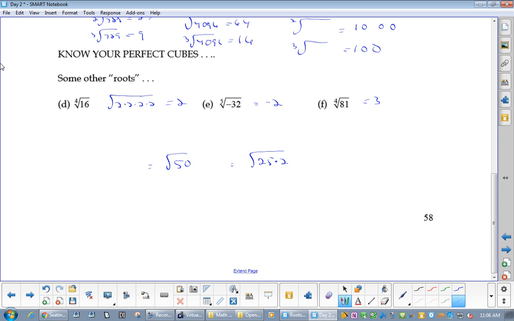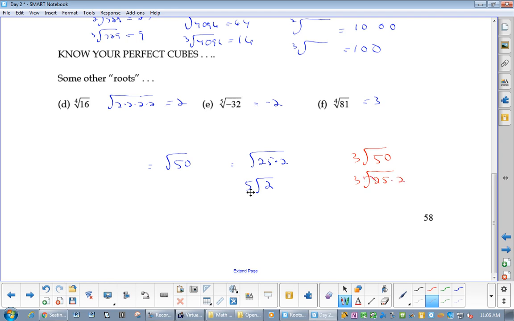Now, what's the square root of 25? So what you do is take the square root of 25 and bring it outside. Now that is the simplified exact answer. Okay, that's a good question. So if I had 3 root 50, this would become 3 root 25 times 2.